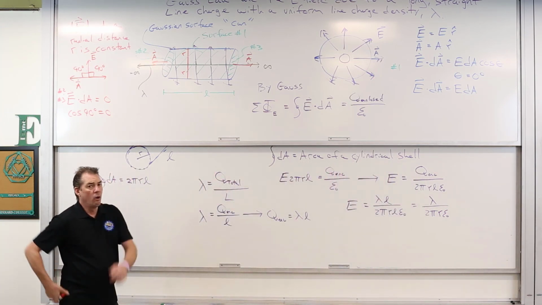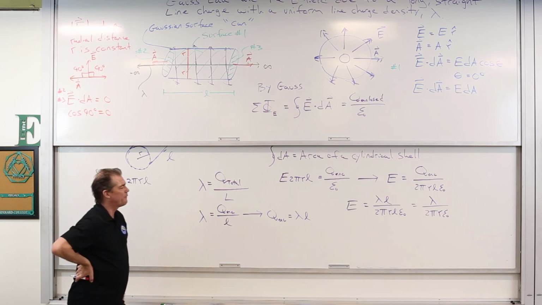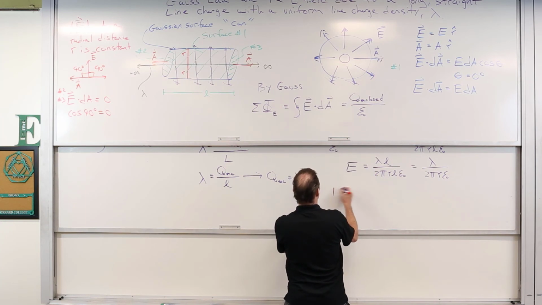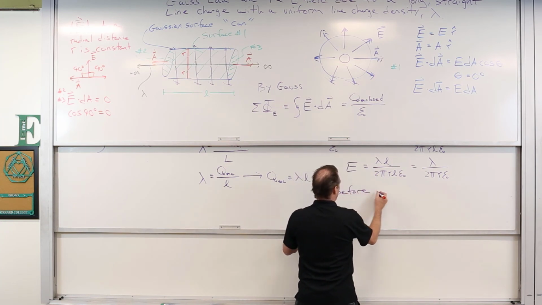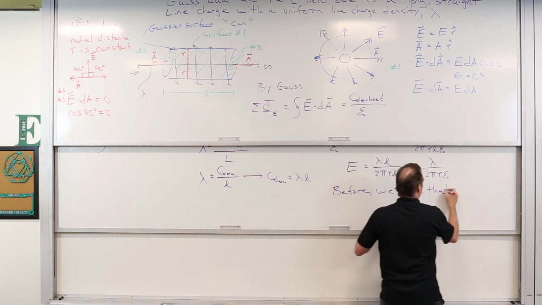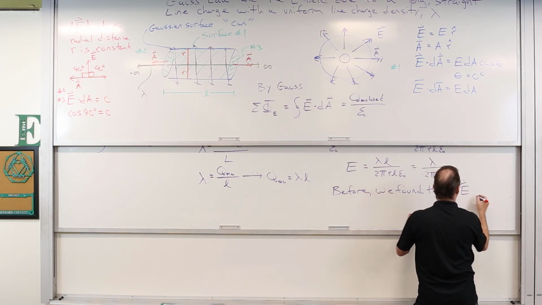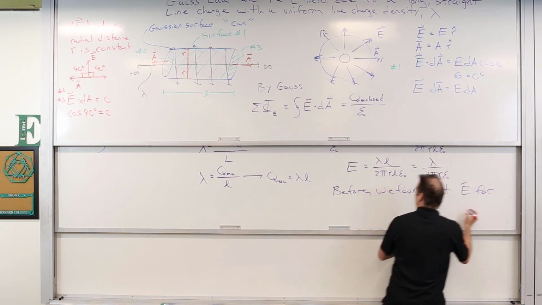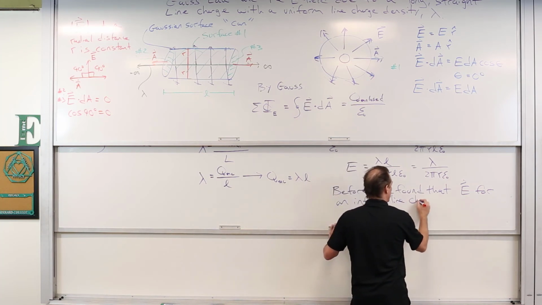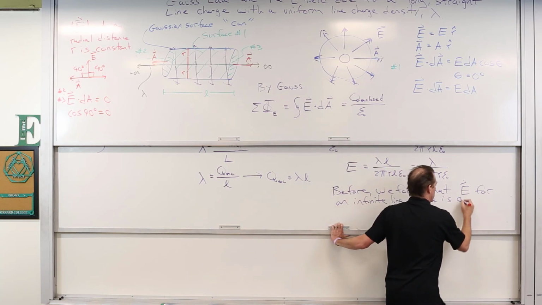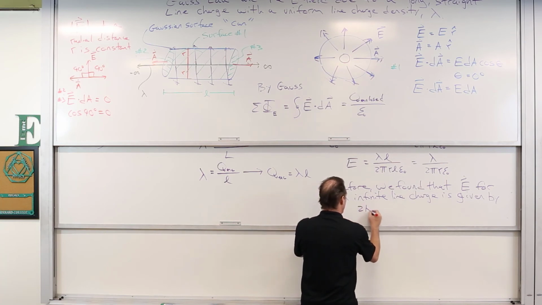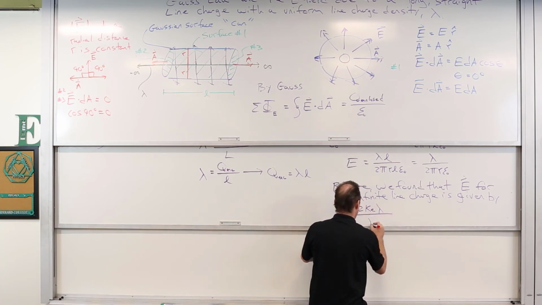Well, if you recall, what did we get for the electric field due to an infinite line charge? Before, we found that E for an infinite line charge is given by 2 k sub e lambda over r.